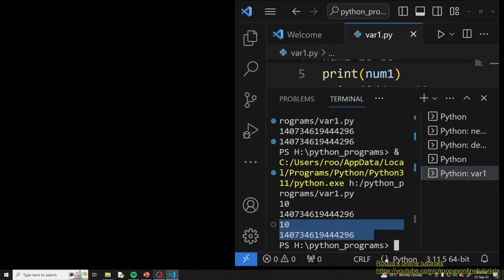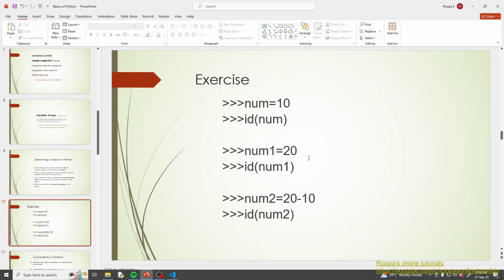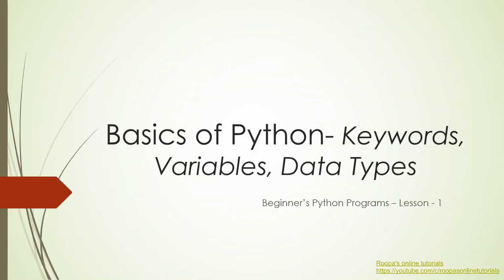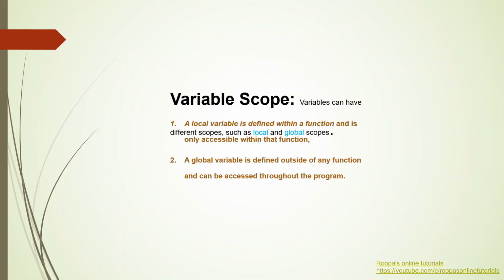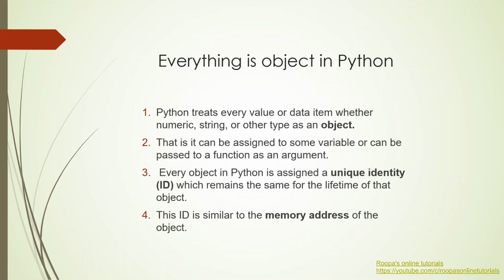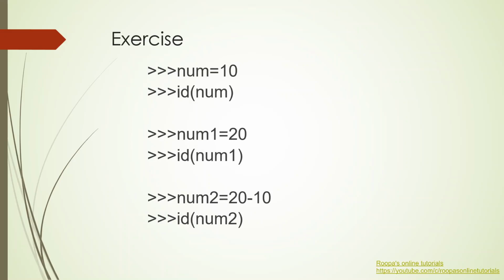So what actually happens here is that it only tries to store it in a different location. Once you create a variable, it is immutable. Immutable means it is not able to change in the same memory location, so it is created in a different place. Num is created in a different place, and num2 is also created in a different place.